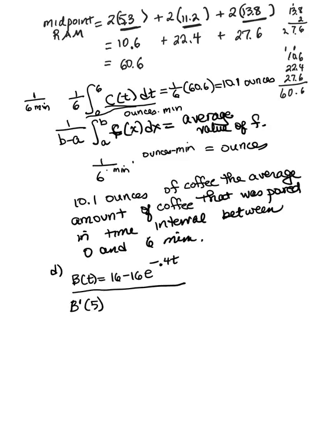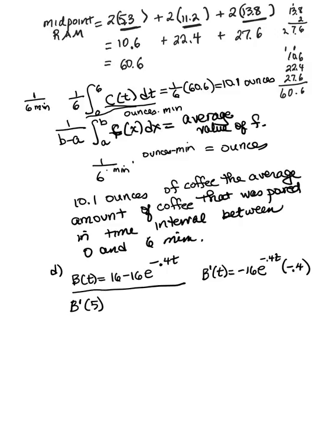Now we could do this by hand. First we would differentiate this, and the derivative of this is just 0 minus 16 e to the negative 0.4t times negative 0.4. By the chain rule, we have to take the derivative of the exponent.